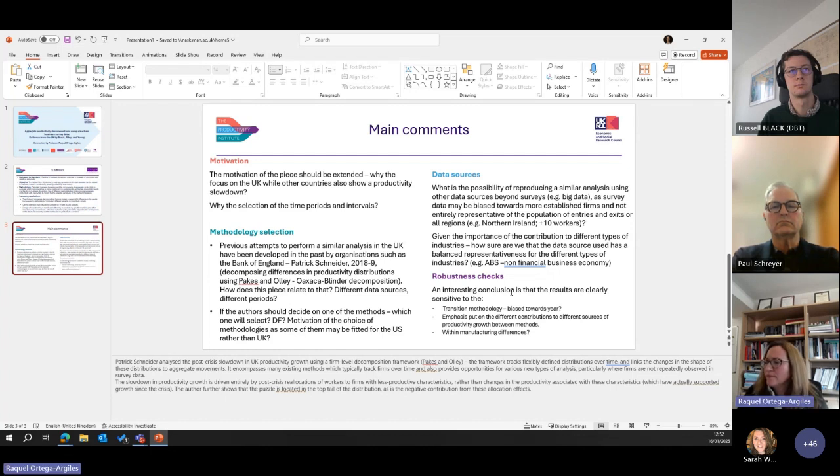Maybe also the different decomposition methodologies put emphasis on different components of the decomposition. That is also a sensitivity you might want to reduce by deciding at one point which is the best method for the UK case in that period of analysis, making a bet of: I would like to take that one.